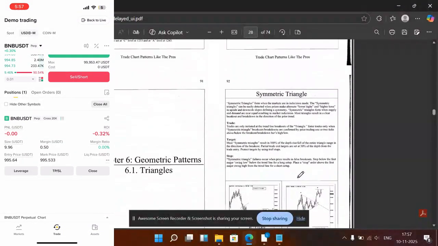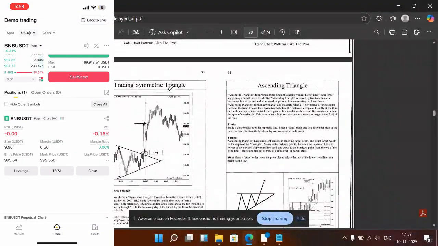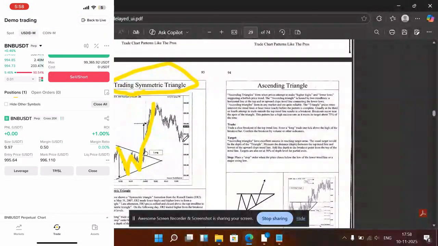And the next movement is going to be, okay, this is the important one. This is the symmetric triangle which we were looking at earlier. And now look, if this is the first movement, and then there is a W pattern now here, sorry, a crab pattern, and after that the price has started falling.